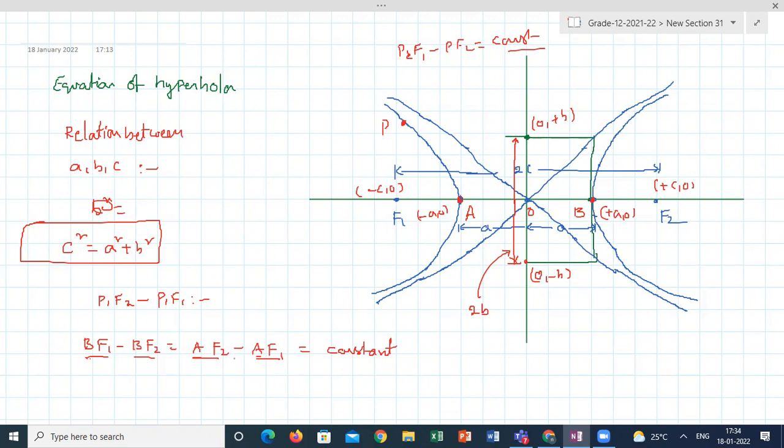I am adding both sides. Sorry guys. This AF1 I am bringing to this side, and this BF2 I am taking to this side. BF1 plus AF1 is equal to BF2 plus AF2.